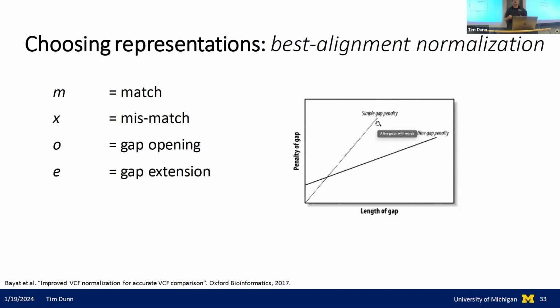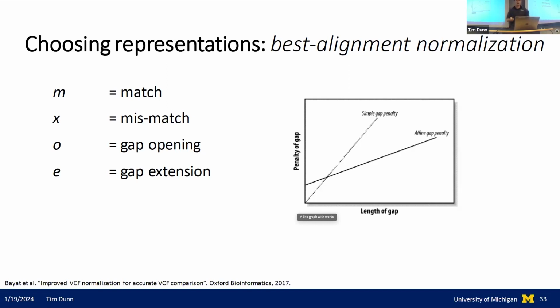But what's typically done is an affine gap penalty, where you do have a linear increase in terms of the length of the insertion or deletion, but you also have an additional penalty for starting an insertion or deletion. And that's because insertions and deletions are much less common in comparison to substitution mutations.